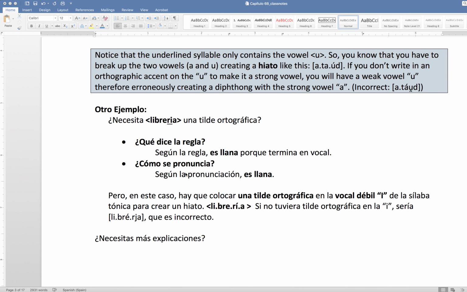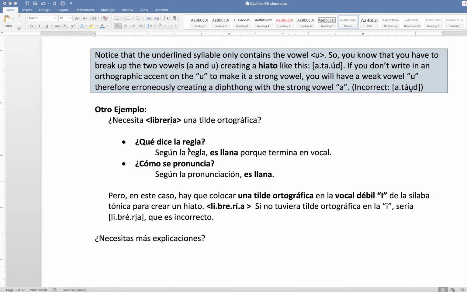Another example, libreria. You see that I only underline R and I. I don't underline RIA. If I do that, that means that syllable contains a diphthong, but clearly it's not. So that should be your first clue.